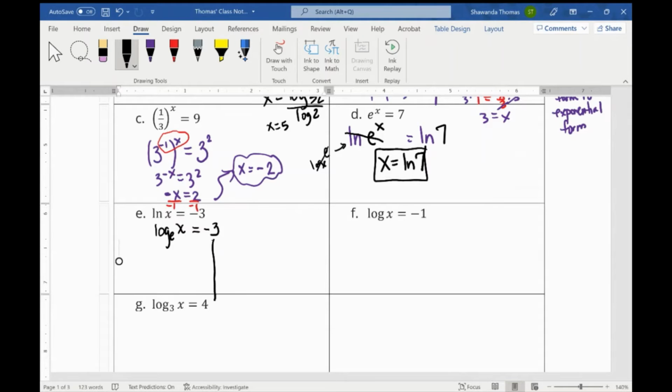So I take the base and raise it to this number, and then we go back here. That'll be e to the -3 equals x. Now that is the same thing as 1 over e to the 3rd.